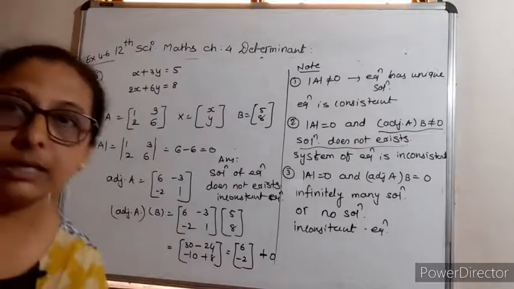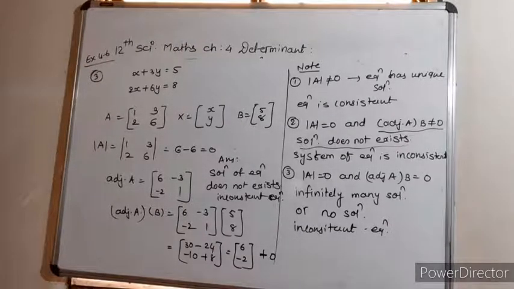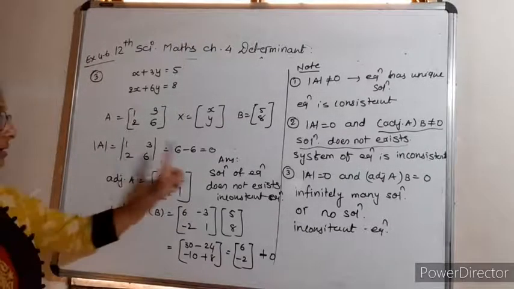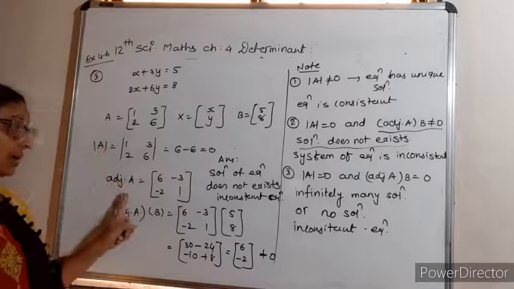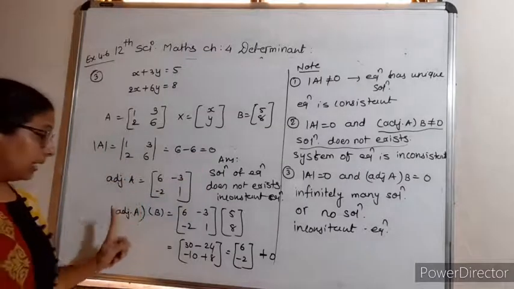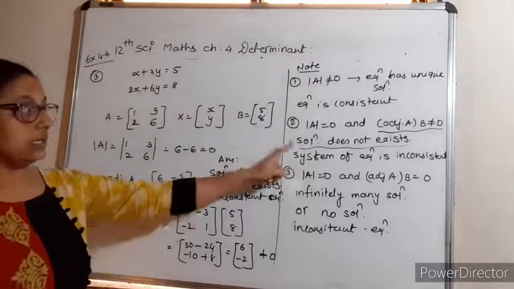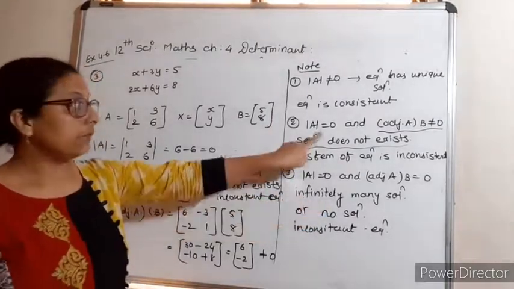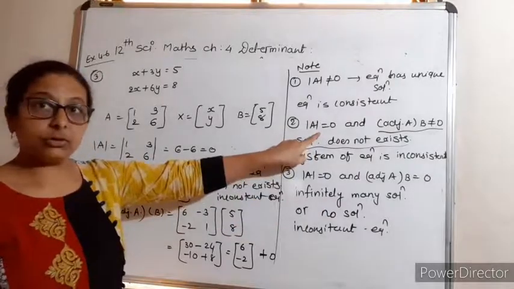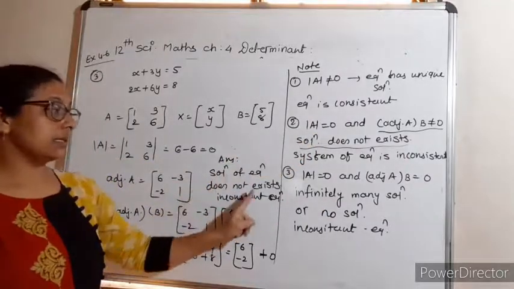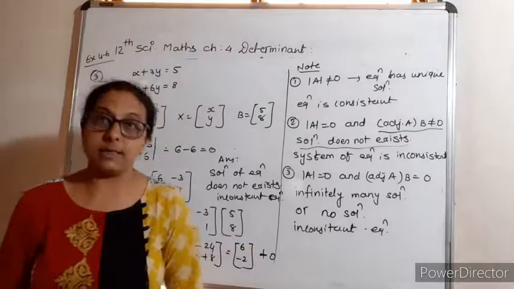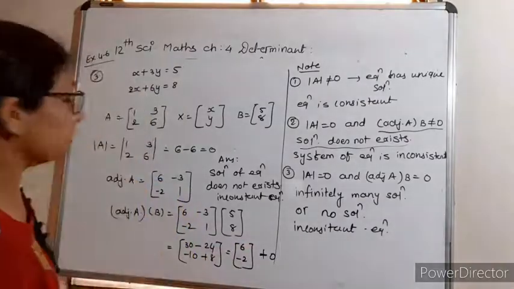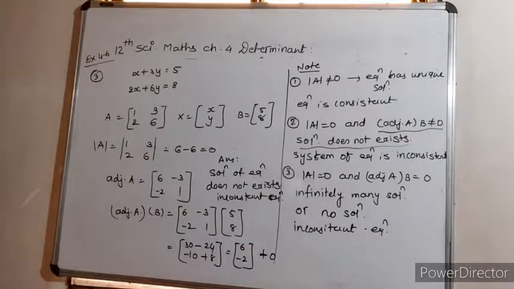So whenever the determinant is 0, you still have to find the adjoint. If adjoint of A into B is 0, then there are infinitely many solutions. If adjoint of A into B is not 0, then it is inconsistent. There is no solution. That is our question number 3. Do it, then we'll go ahead.